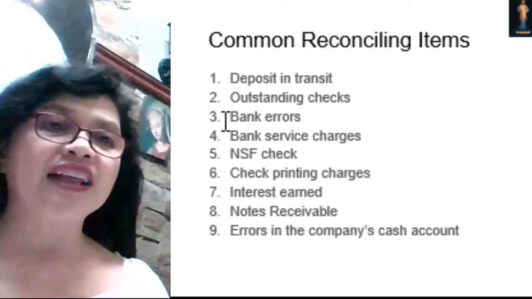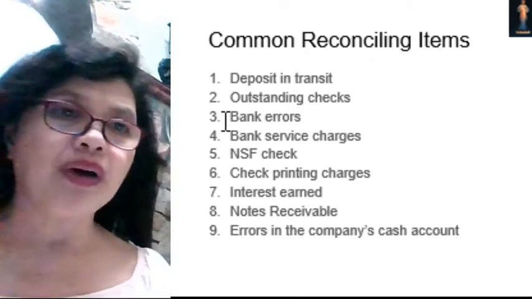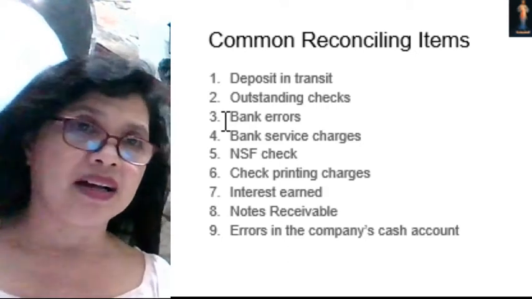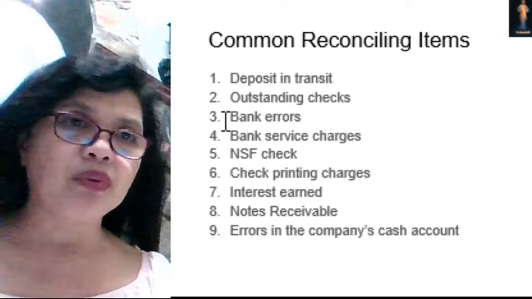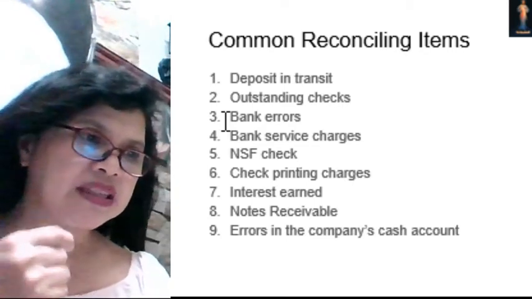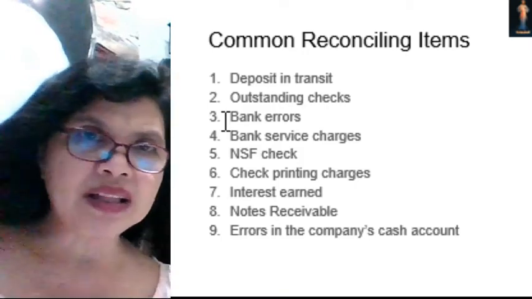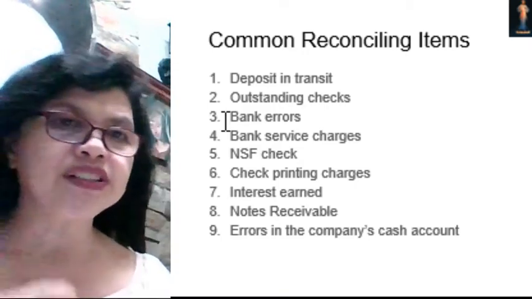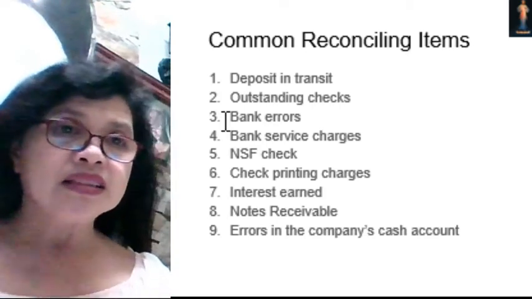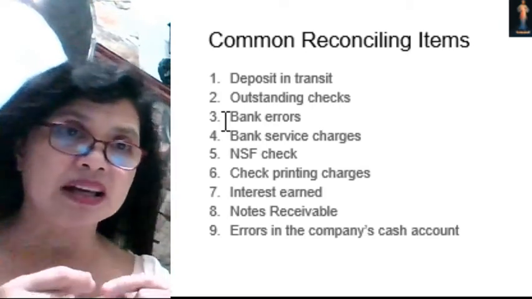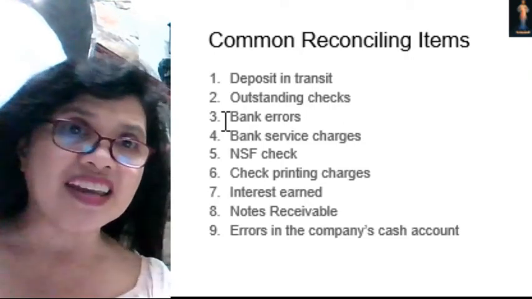For example, ABC company will issue a check to Maria, and Maria received the check. The date of the check was March 5, but Maria did not deposit the check until April 3.